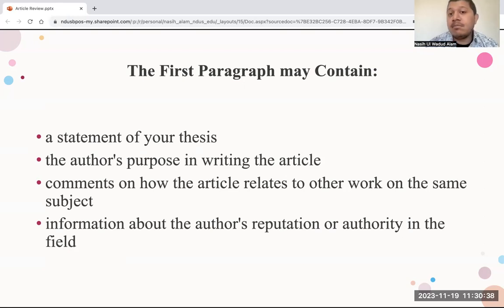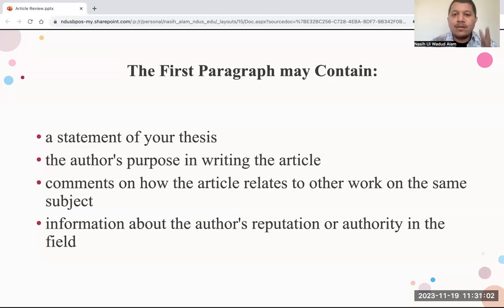Then also see how the article is relevant to other articles. Do other writers discuss the same topic? What are the similarities, what are the differences? You can talk about it, but you don't have to discuss everything in detail, just a brief overview in your introduction. And also look at the credibility of the writer, whether the writer is credible or not.